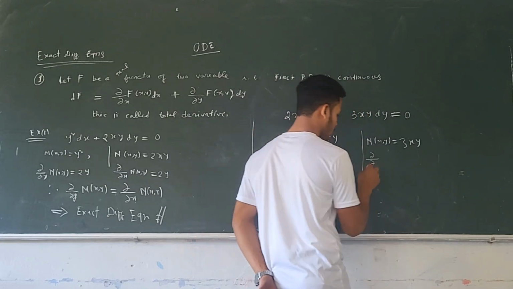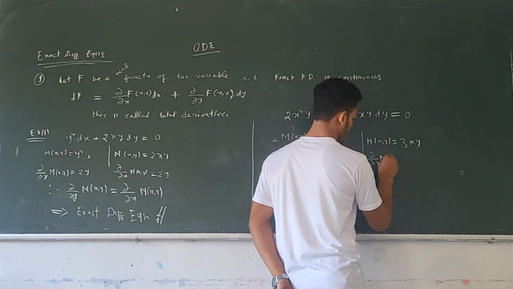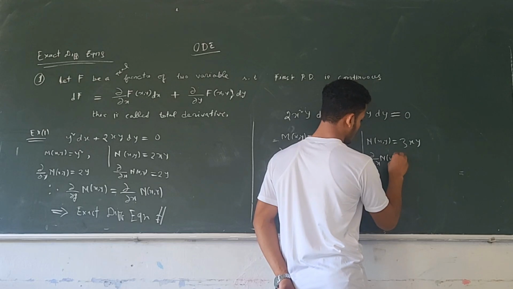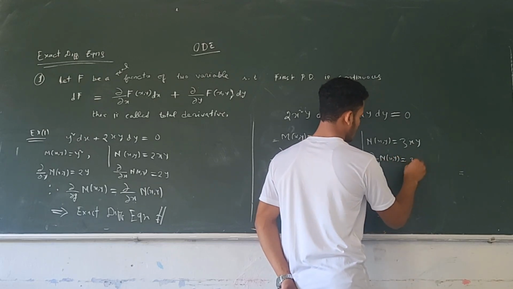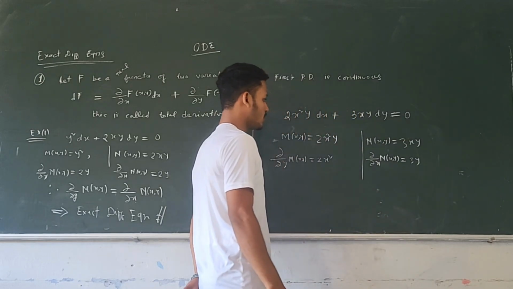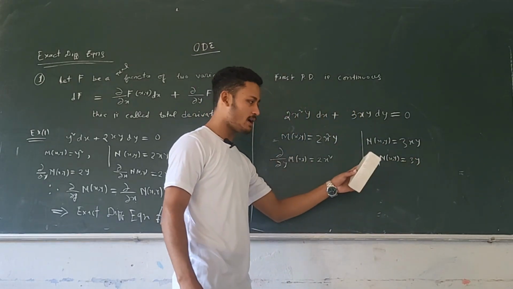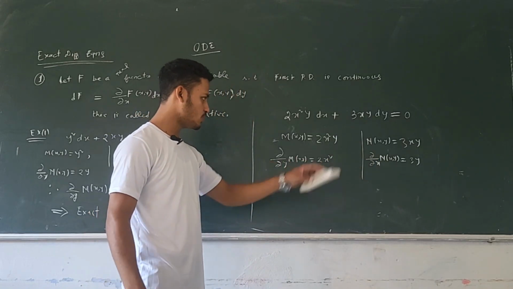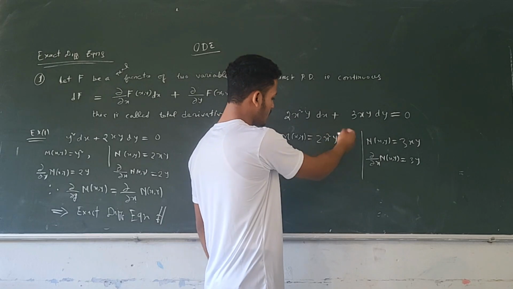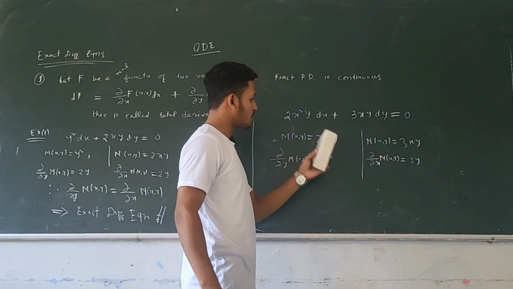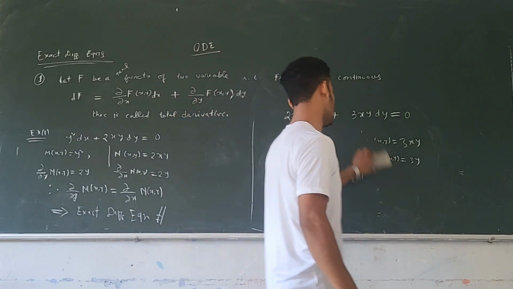If you don't know, I will make a video. It's very easy. With respect to x, you will get 3y. So 2x² is not equal to 3y, right? So these two are not equal, and this differential equation is a non-exact differential equation.